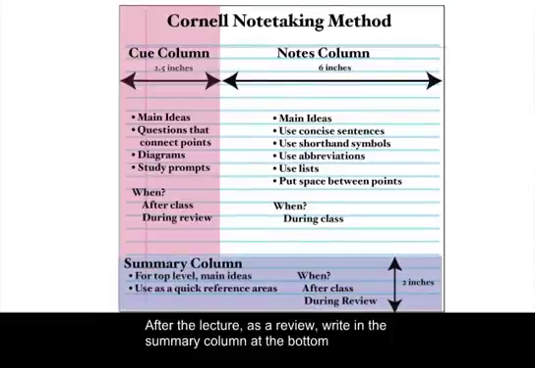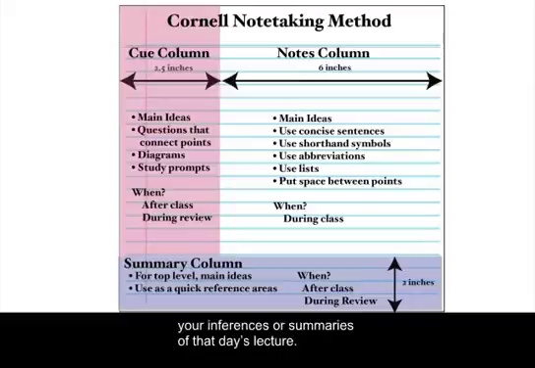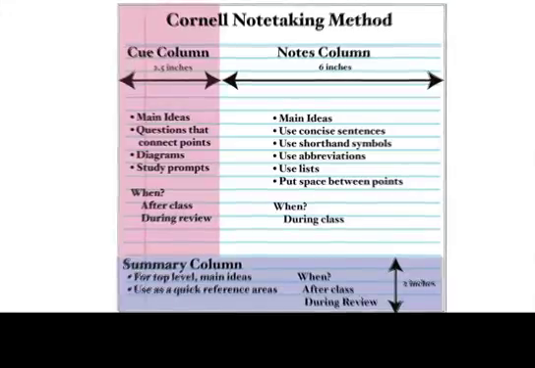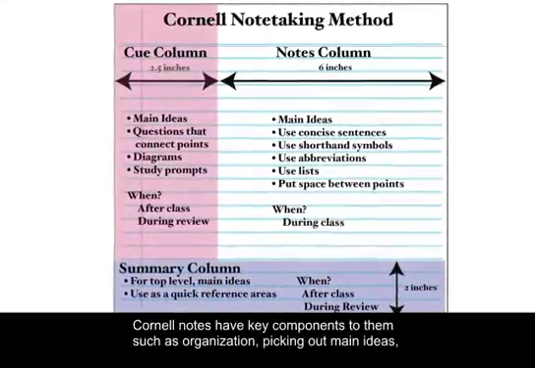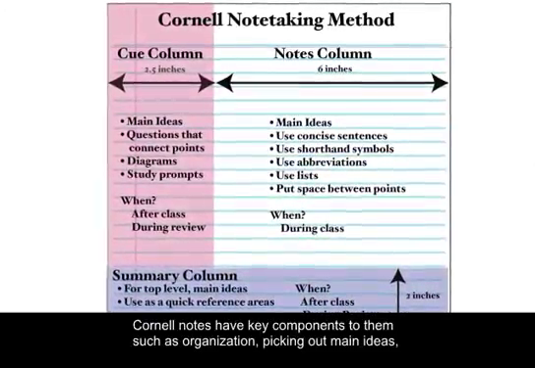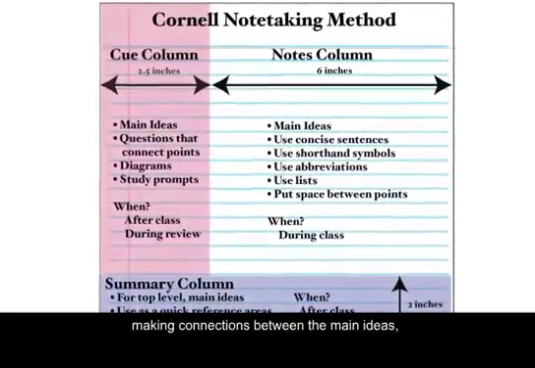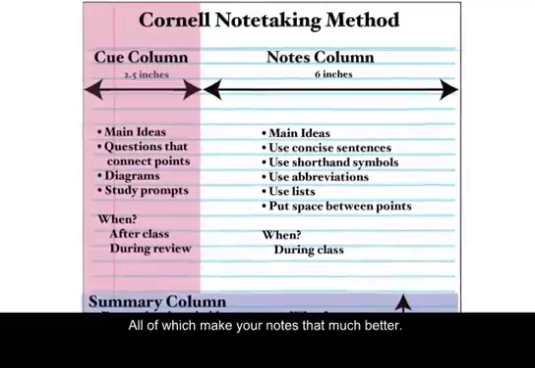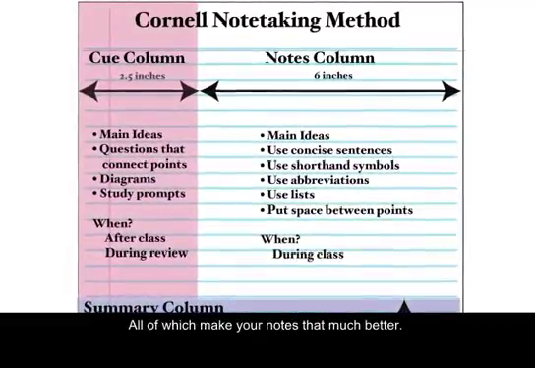After the lecture, as a review, write in the summary column at the bottom your inferences or summaries of that day's lecture. Having your notes structured and organized will help you stay engaged and connected to the material. Cornell notes have key components to them, such as organization, picking out main ideas, making connections between the main ideas, and engaging in note-taking, all of which make your notes that much better.